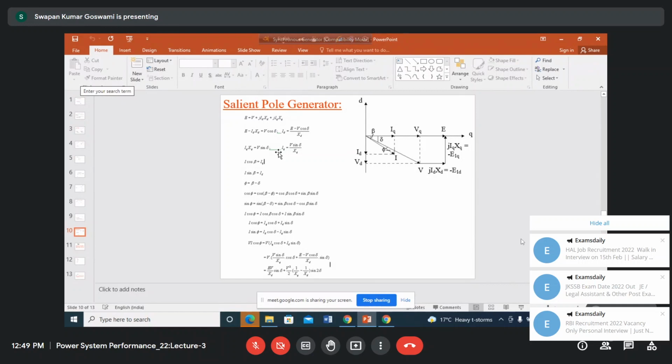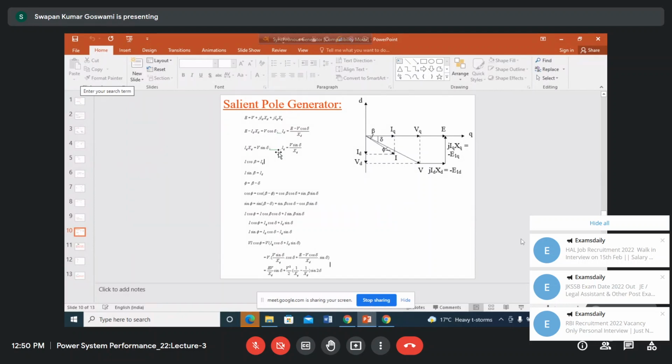Along the pole axis, it is the minimum air gap, and along the quadrature axis, it is the maximum. That's why two reactances are necessary. There are two reluctances, one along the direct axis, or pole axis, of the rotor, and another along the quadrature axis. So salient pole machines may be represented by two reactances.